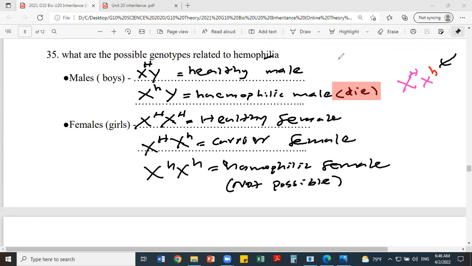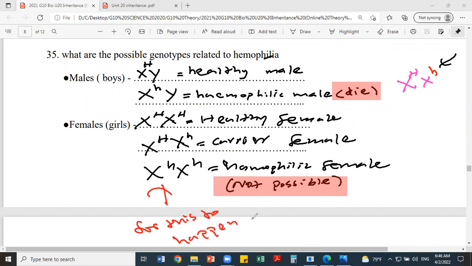Why? What is the reason? Why not possible? Because to have a hemophilic female or girl in a family, the father has to be hemophilic. So you can write here, for this to happen, the father must be hemophilic, because the girl has to get definitely one simple h from the father and the other simple h from the mother. From the mother, simple h is possible.